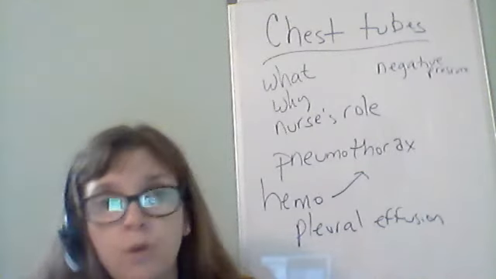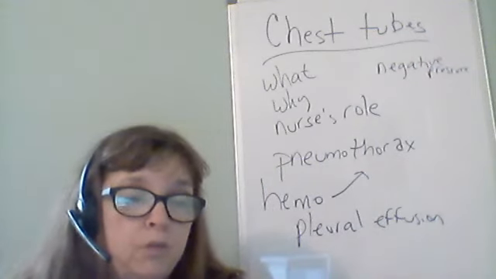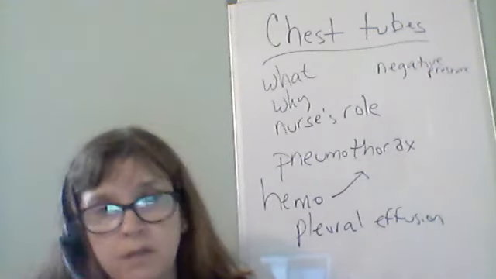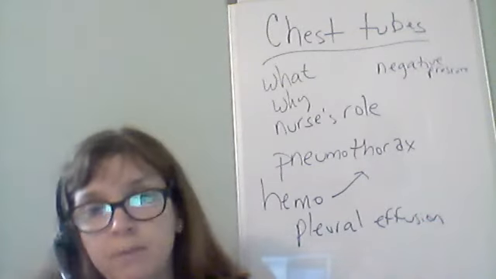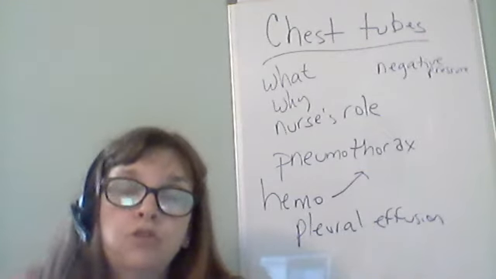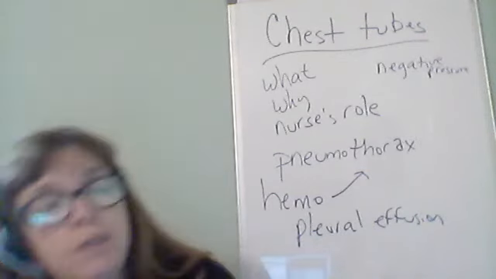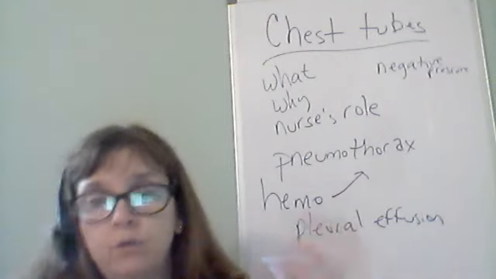The nurse's role in chest tube insertion is really dependent on which type of procedure it is. Sometimes this is done in the operating room, and that's a different role altogether. But if it's done at the bedside, the nurse's role is patient management. So on a traditional chest tube, the patient typically will be lying on the side, the unaffected side, and that area will be numbed.